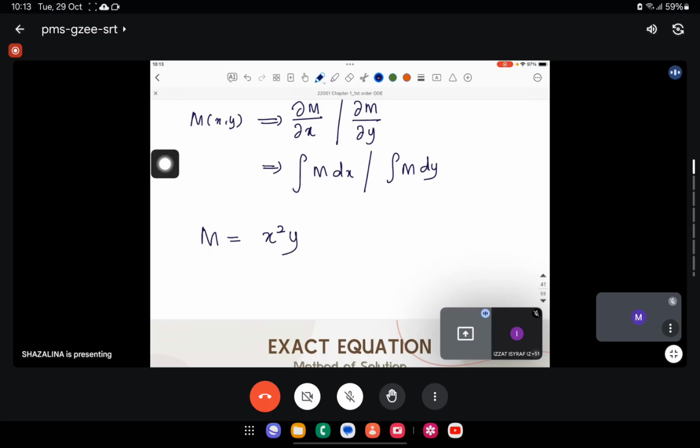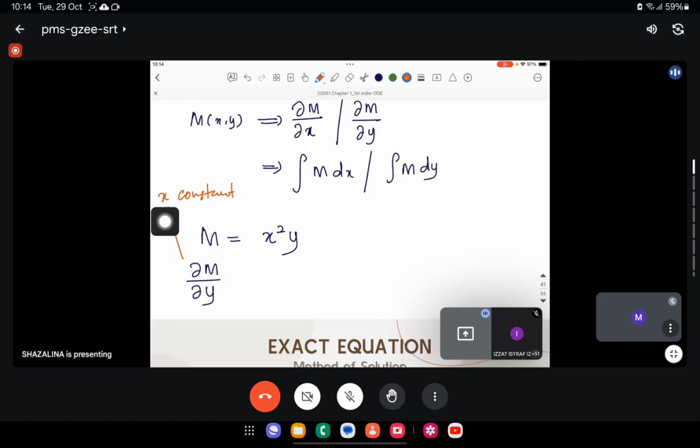When we want to differentiate M with respect to y, for this case our x is considered constant. Okay, we want to differentiate M with respect to y, so our x here represents a constant.